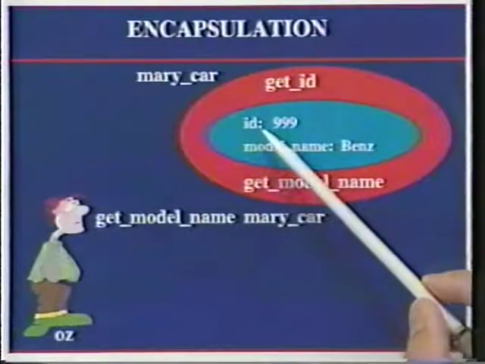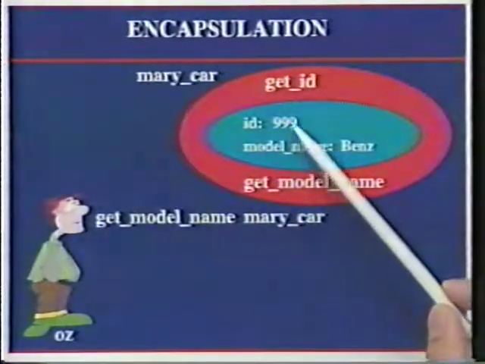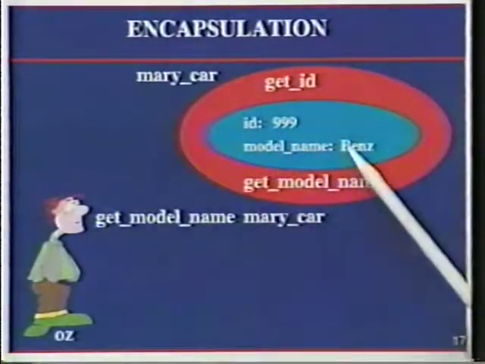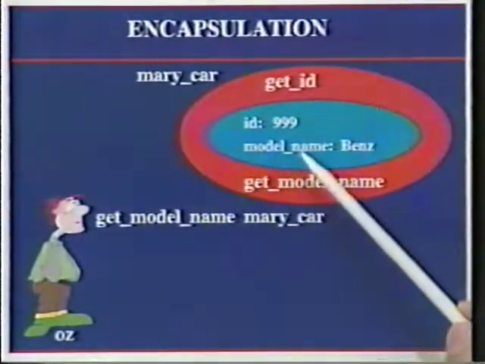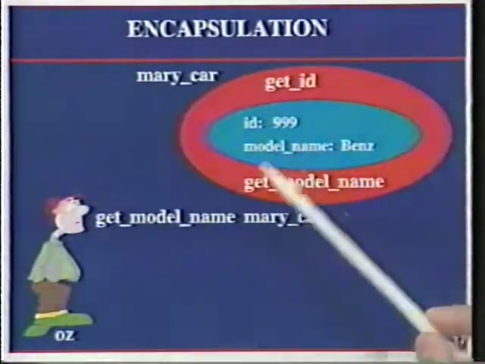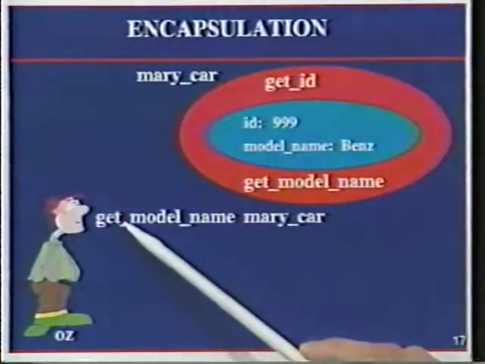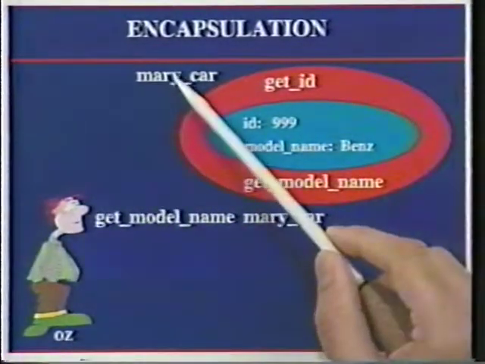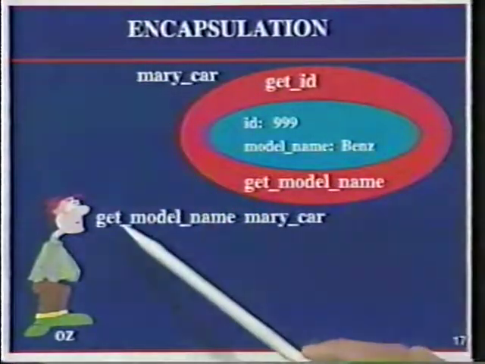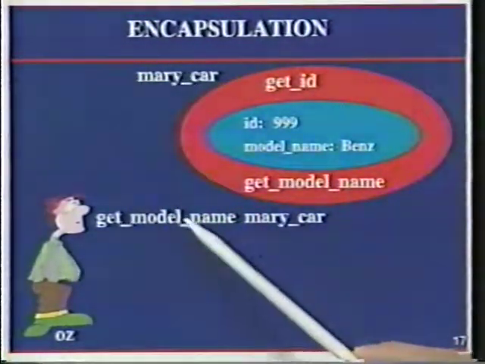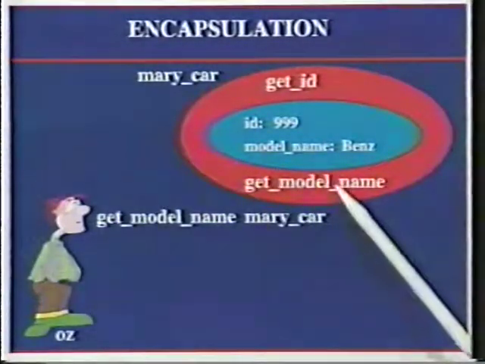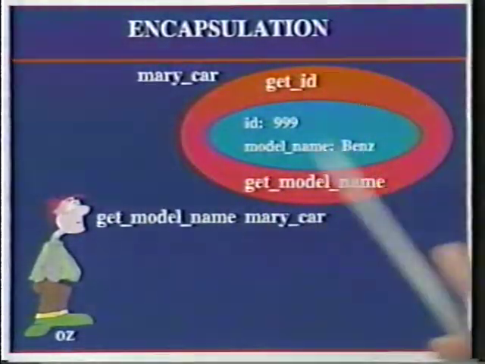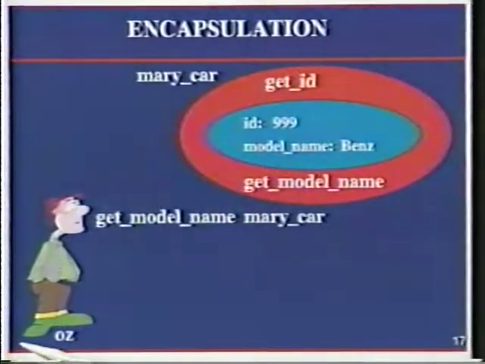The internals here are, for example, the ID, which is 999, and the model name, which is BENZ. So the only way Oz can get the model name is to send a message called get model name to Mary's car, and when Oz sends that message, get model name will go and get the model name for the BENZ car.